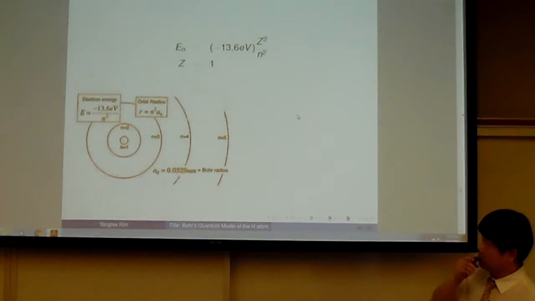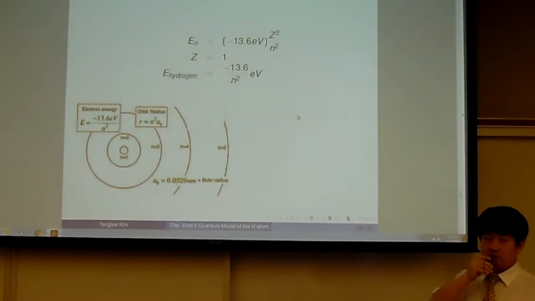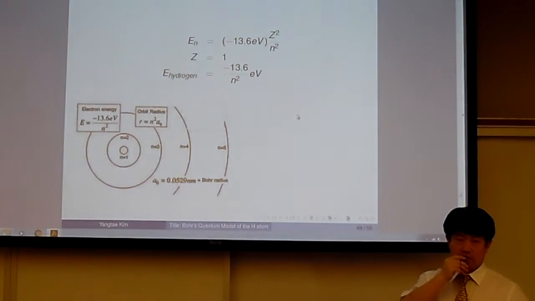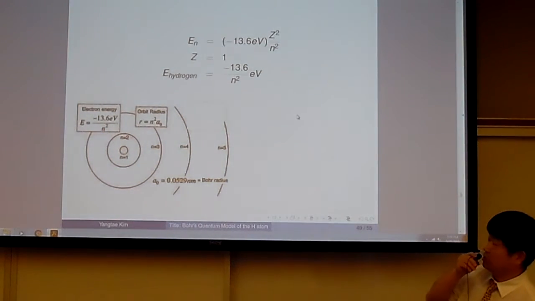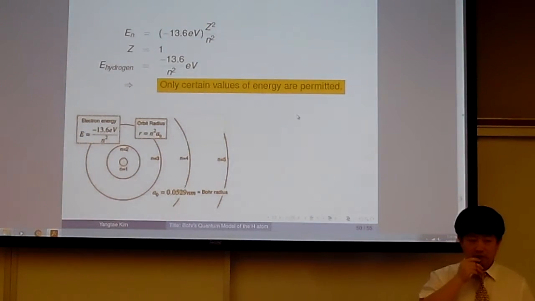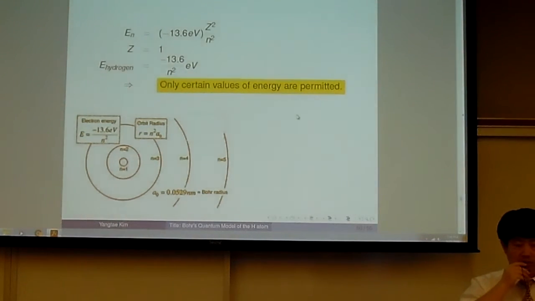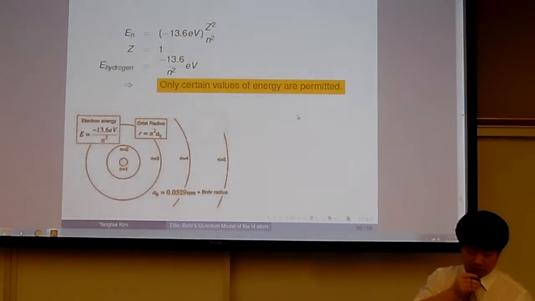So if we plug 1 in here, then we have a negative 13.6 divided by n square. n is the principal quantum number, which is a natural number. What that means is energy also can only have permitted values. It cannot be any value, because n is a natural number.